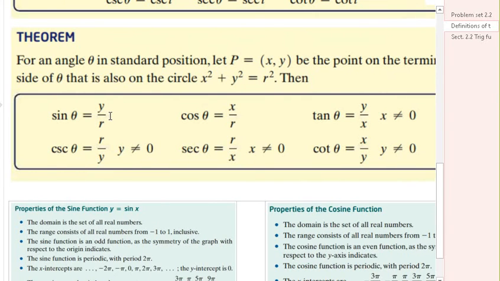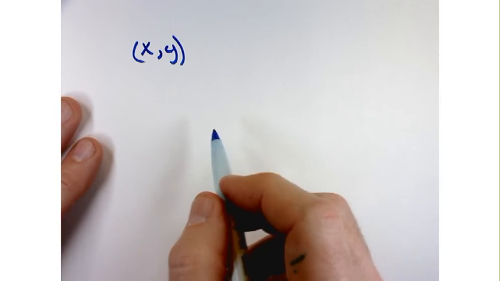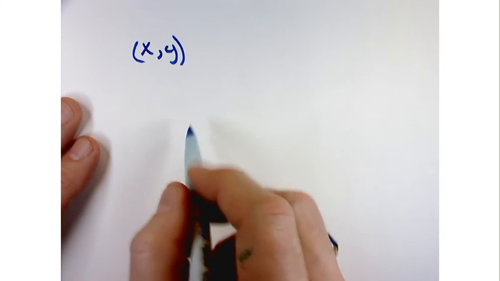If they're not on the unit circle, then you can divide by the radius of the angle, or the line from the origin to that point. So what do I mean by that? Let me show you here. Suppose you have some point x and y that maybe is in the 4th quadrant or something like that.